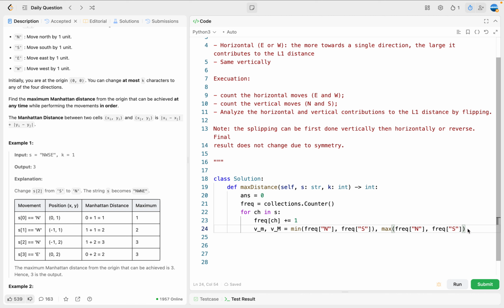Similarly, we can count horizontally. So the horizontal little m and the horizontal capital M, it will be the min of the frequency of east and the frequency of west. Same thing, we can get the max.